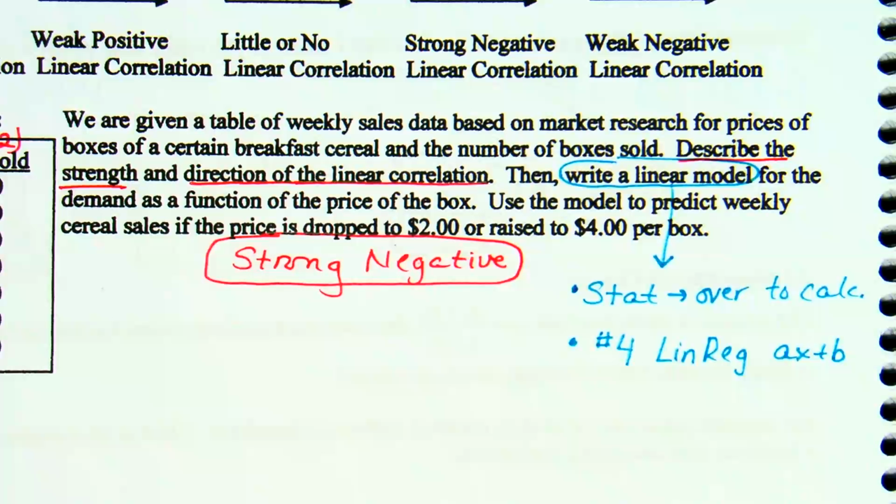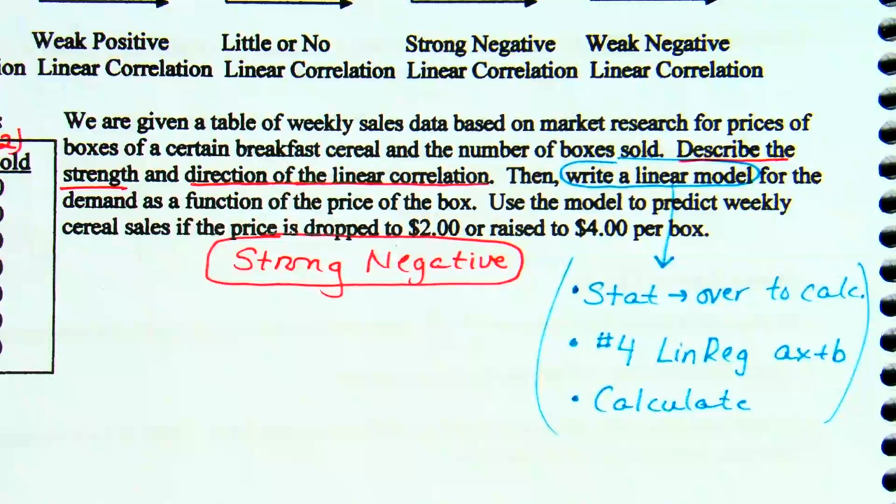And number 4 is linear regression, of the form ax plus b. Because when you're trying to write an equation of a set of data, it's called linear regression. So linear regression, ax plus b, that's number 4. And then we'll check our settings. And then we will go down to calculate. So those are the steps I'm going to walk you through.